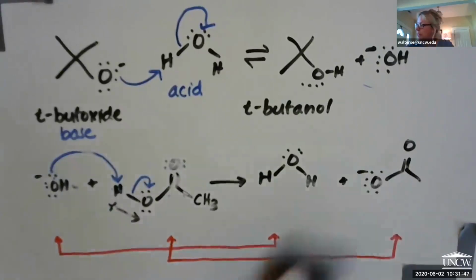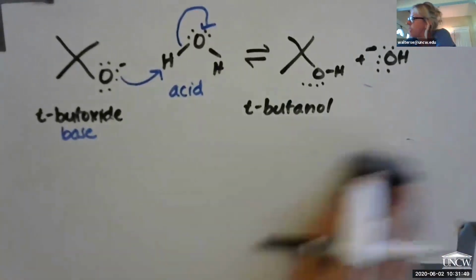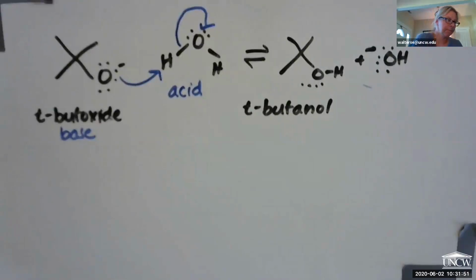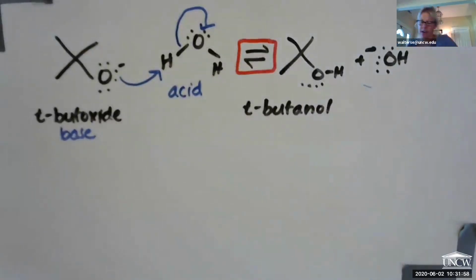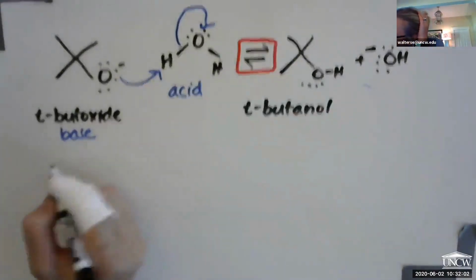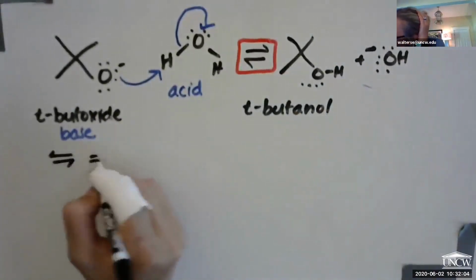Okay, I'm going to erase the bottom and we're going to keep this reaction up here on the top. Okay, so this set of double-ended arrows here, okay, that is the equilibrium set of arrows.